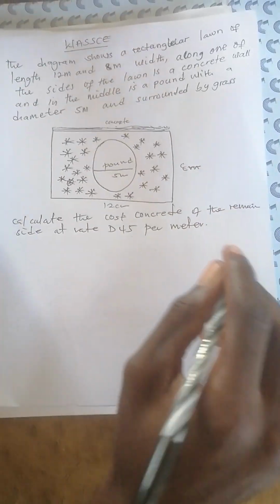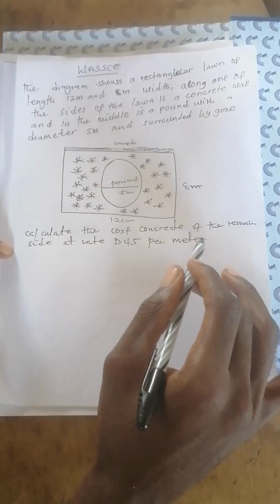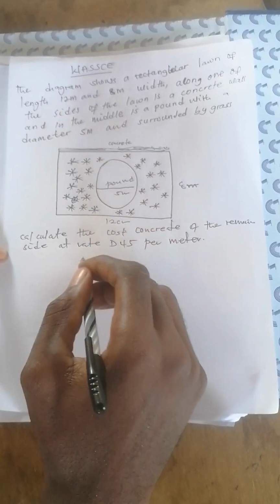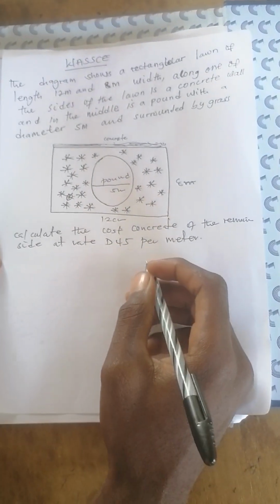The question was not complete, but this will be the complete question: calculate the cost of the concrete of the remaining side at the rate of $45 per meter.